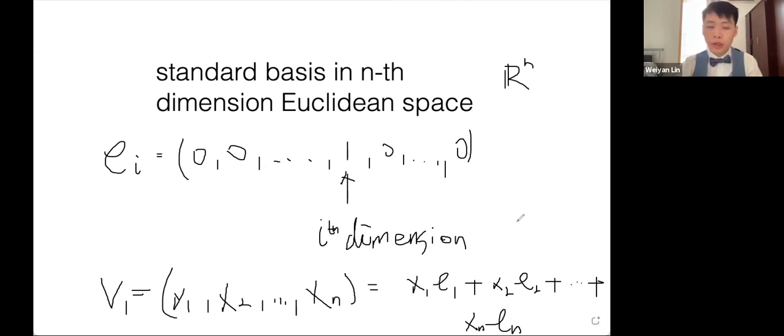One important thing to notice is that x1, x2, xn are all numbers, and e1, e2, and en are vectors. Basically, you're adding vectors together. So why do we need to do that?